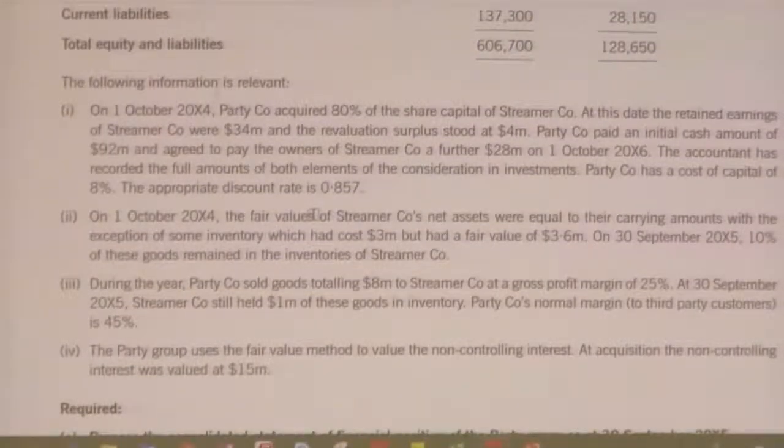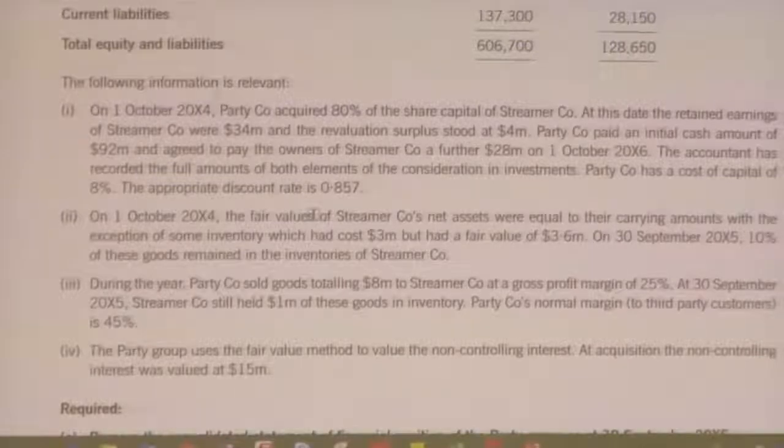Common information you have. On the 1st October 2014, P acquired 80% of the share capital of Srima company. At this date, the retained earnings of Srima company were 34 million and the revaluation surplus stood at 4 million.